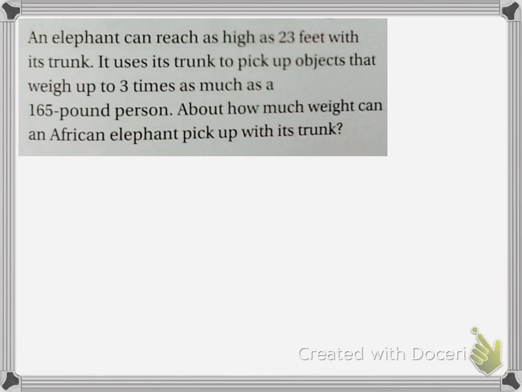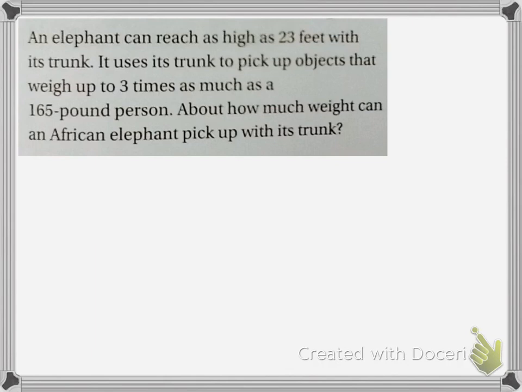Okay, let's take a look at another word problem here. An elephant can reach as high as 23 feet with its trunk. That is pretty high. It uses its trunk to pick up objects that weigh up to 3 times as much as a 165-pound person. About how much weight can an African elephant pick up with its trunk?